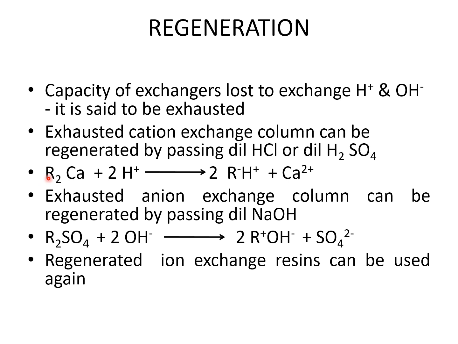The exhausted cationic resin is in the form R2Ca. When we spray acid, H+ is the main content in acid, it forms RH+, that is our cationic exchange resin, and calcium 2+ moves to the sink. Similarly, an exhausted anionic exchange column can be regenerated by passing or spraying alkali, for example, dilute NaOH.